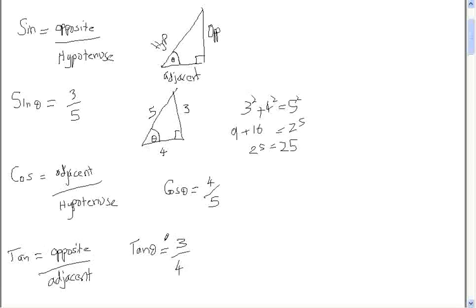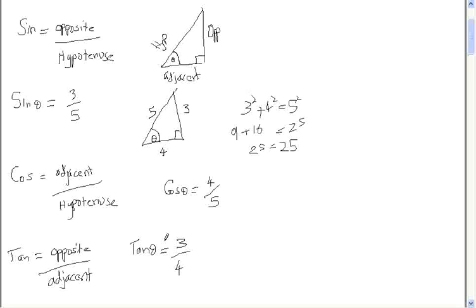Okay, now if you take your calculators out and you work out the angle for which the sine theta value gives a ratio of 3/5, to figure out that angle, what you do is you do 3 divided by 5, and you find the sine inverse of 3 divided by 5.